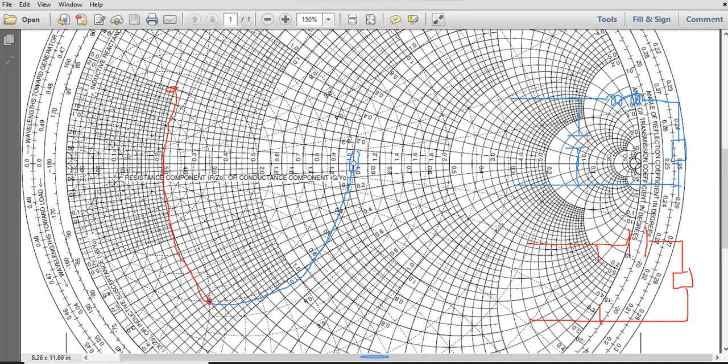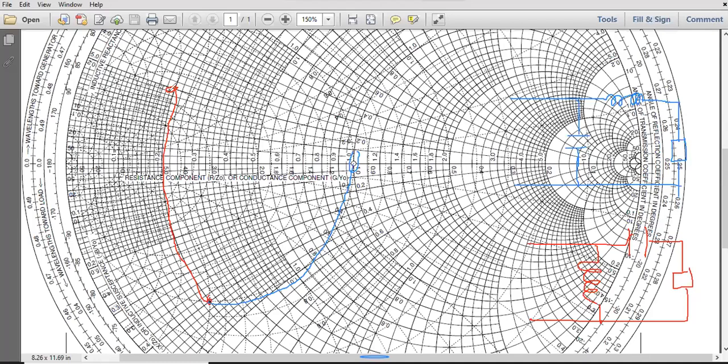From this point here, is it clockwise? Anti-clockwise. So in Y anti-clockwise, the element will be an inductor. Yes, these rules you have to find out. Anti-clockwise inductor. So this is L and C.